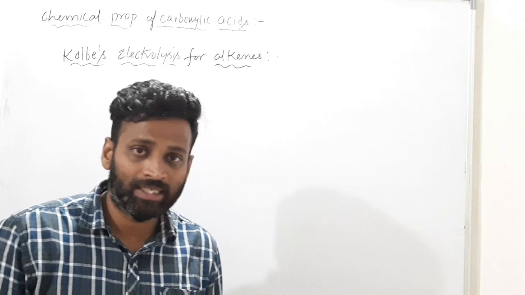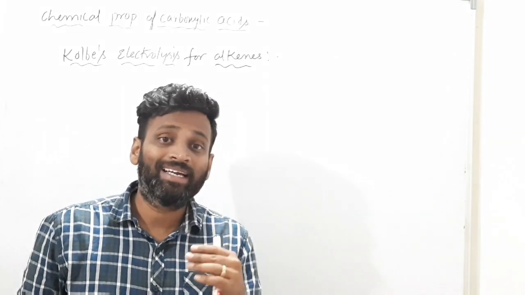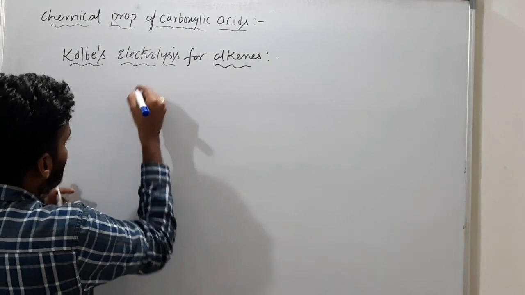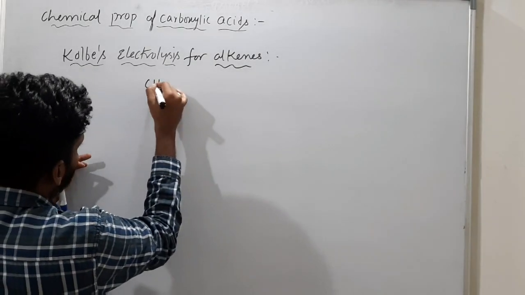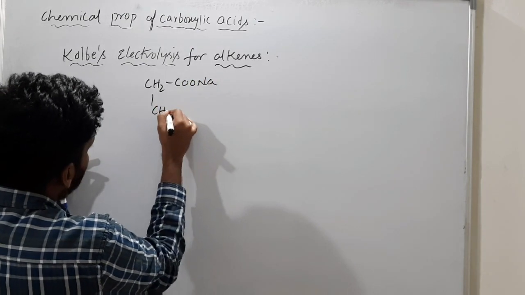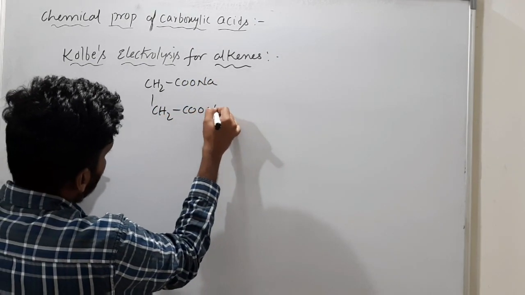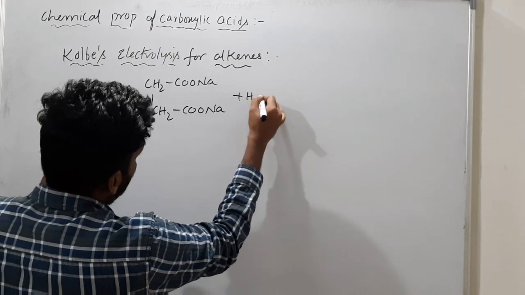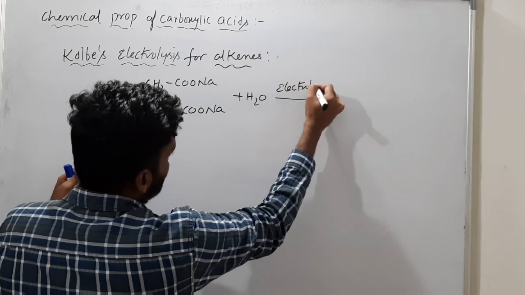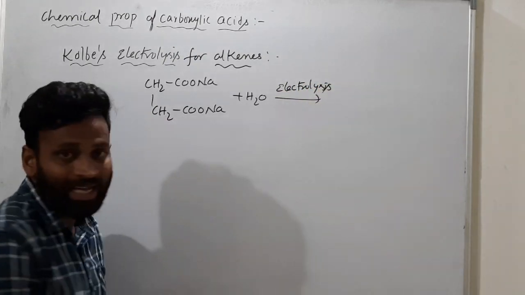Okay, which carboxylic acids do we have to take? Do you know? Dicarboxylic acids. Okay, so here if you take CH2COONa and CH2COONa, this is on electrolysis. Okay sir, on what? On electrolysis.